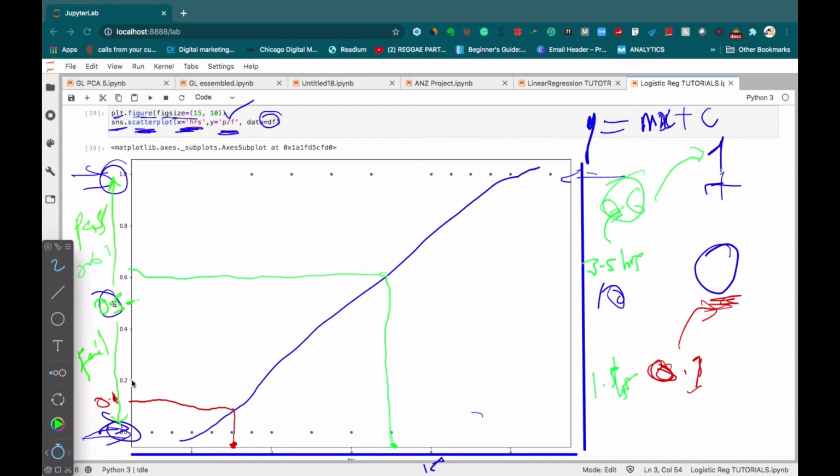So we can make that generalization that any probability which is greater than 0.5, we associate the person with pass. But if any probability is less than 0.5, we associate that with fail.